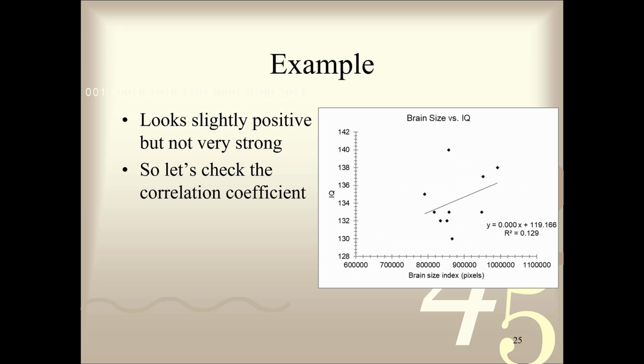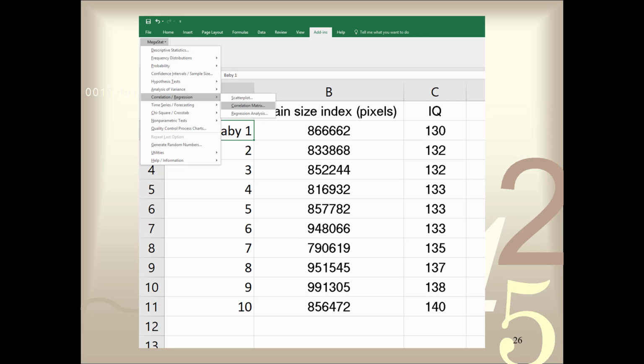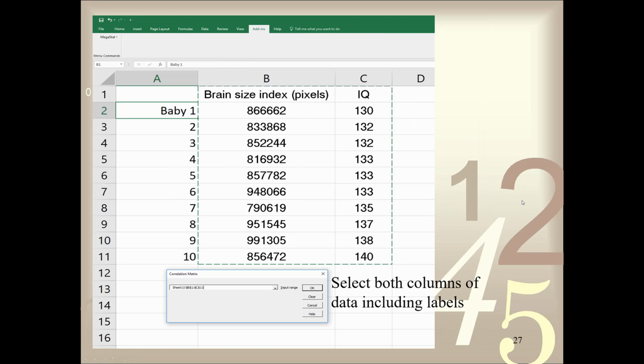Okay, here's the end result. So it looks positive, slightly positive, but not very strong. The dots are pretty scattered. So let's check the actual correlation coefficient, the R. Again, that's the next step. So we did the scatter plot. Next step is the correlation matrix. And I can just select both columns of data, including the labels, as you see here.